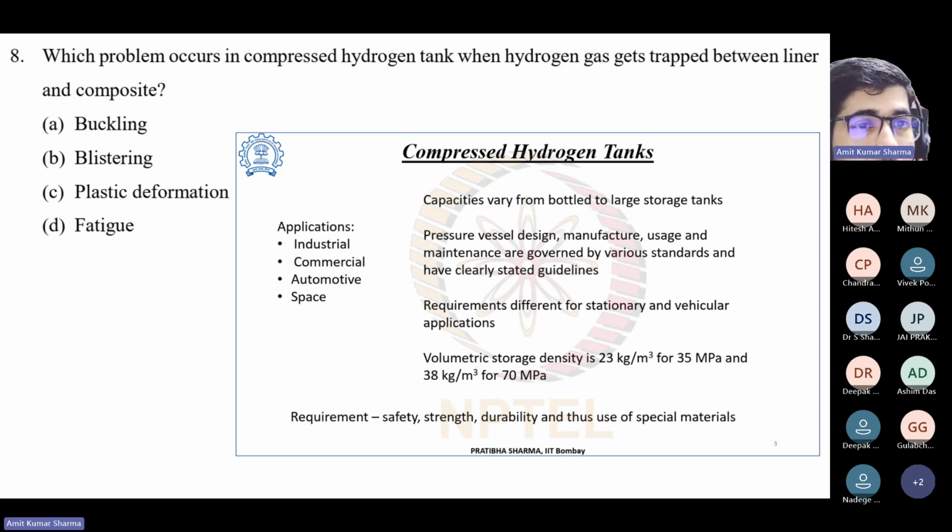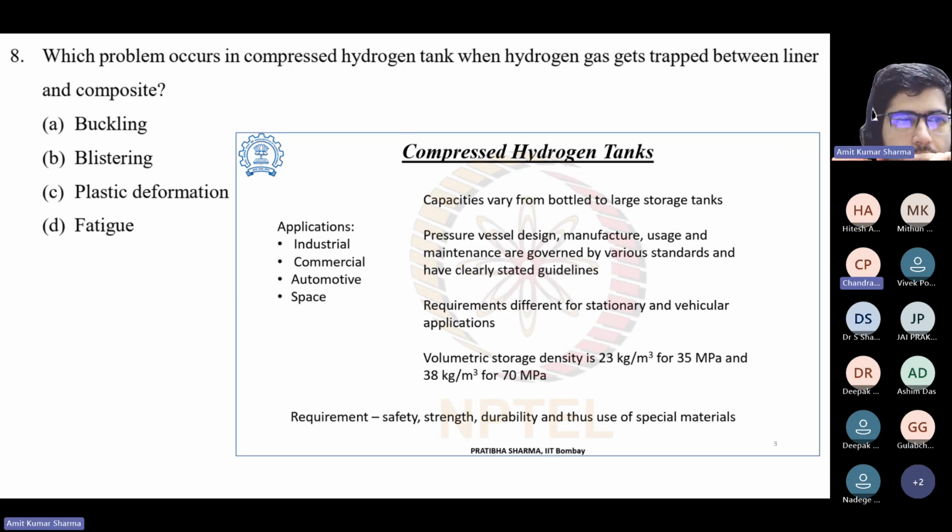Which problems occur in a compressed hydrogen tank when hydrogen gas gets trapped between the liner and composite? Buckling, blistering, plastic deformation, fatigue. It's blistering.